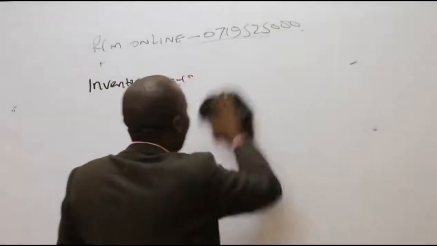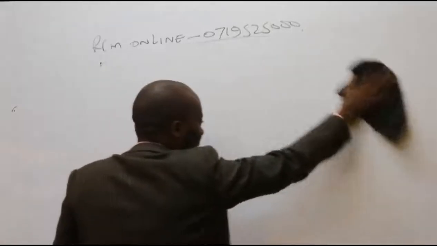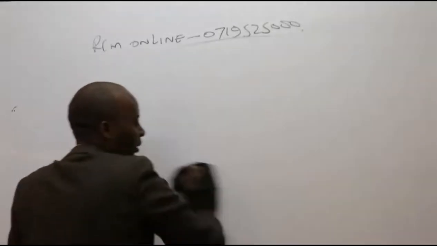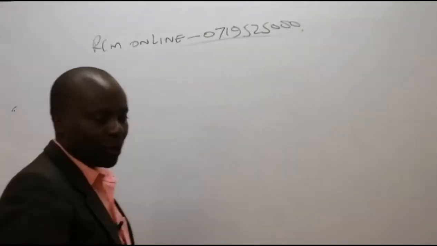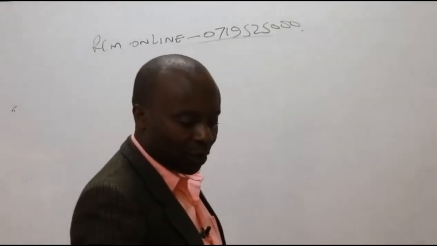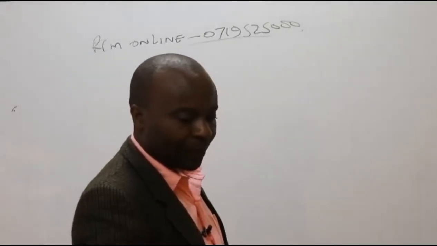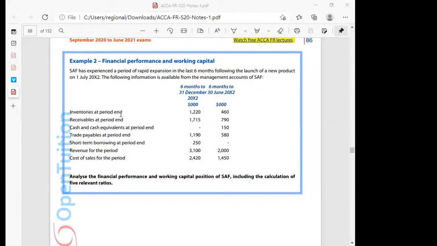Remember, basically, they want us to build for them a working capital financial performance. So we are advising them. So from there, ladies and gentlemen, we have the receivable days, receivable at period end.